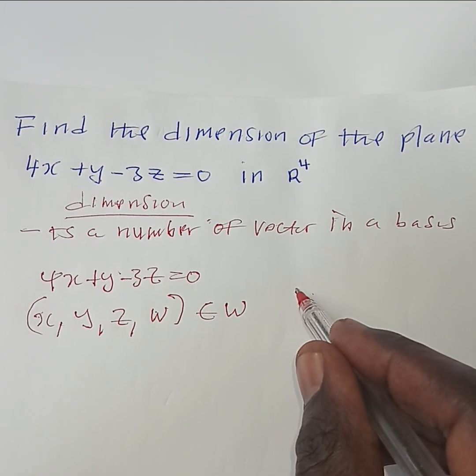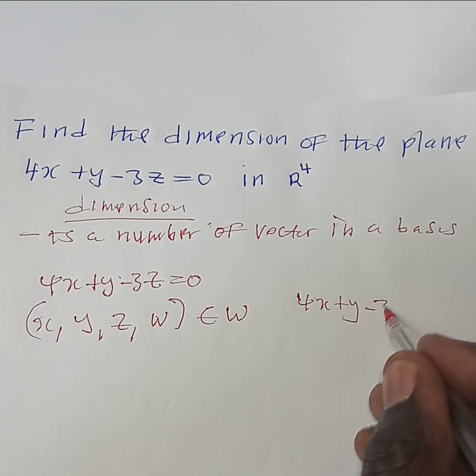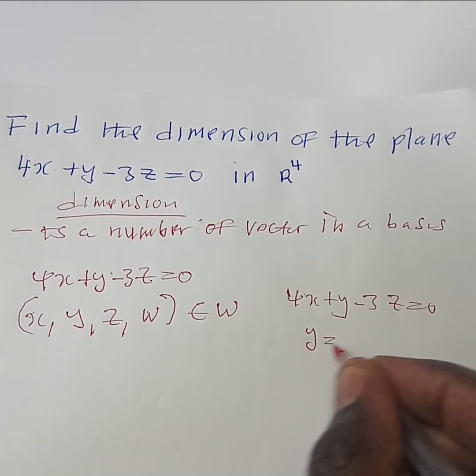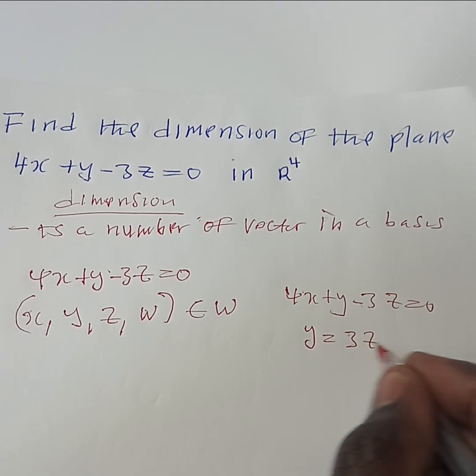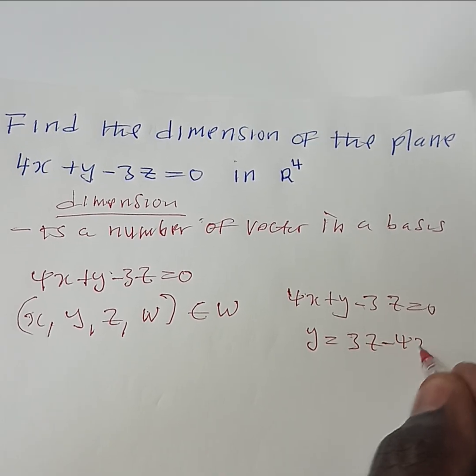Since we have the equation 4x plus y minus 3z equals 0, we make y the subject of the formula. When 3z goes to the other side it is 3z, and when 4x goes to the other side it is negative 4x.